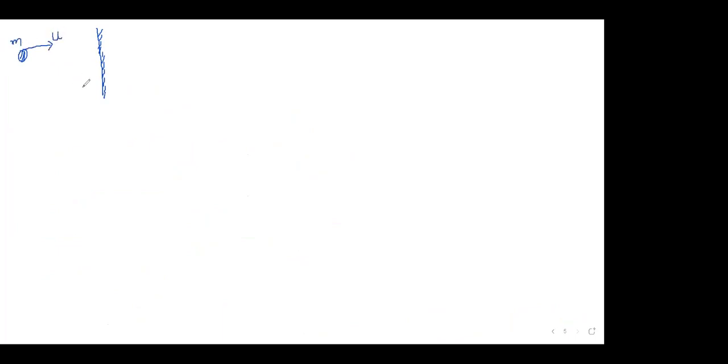Mass of this ball is m. Now the ball is going to rebound back, let us say with the same velocity u. Can you tell me what is the change in momentum for this case?